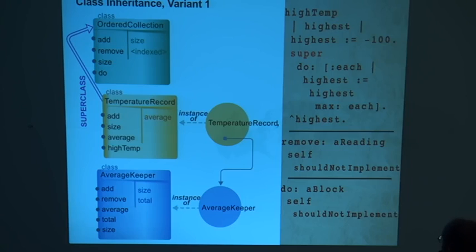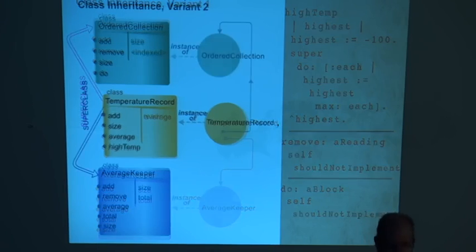It will work, but that forces the superclass method to be invoked. Because we're sending super do and we're in a method called high temp, good form is supposed to be to use that only within the method of the same selector as what you're sending the super send to, like we did with the add. But we can do it, and that does work. So that's how inheriting from ordered collection would work.